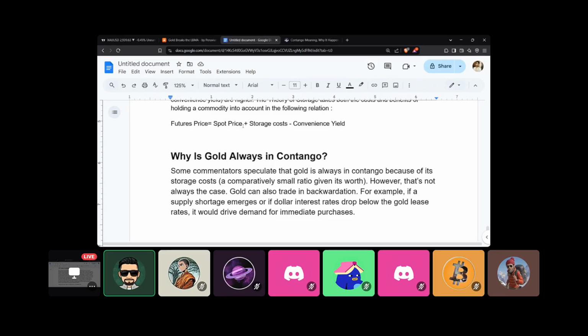Mostly contango and backwardation situations happen to physical commodities. There might be some exceptional cases with ETFs, but futures prices tend to, for commodities, basically have the contango and backwardation market in general.